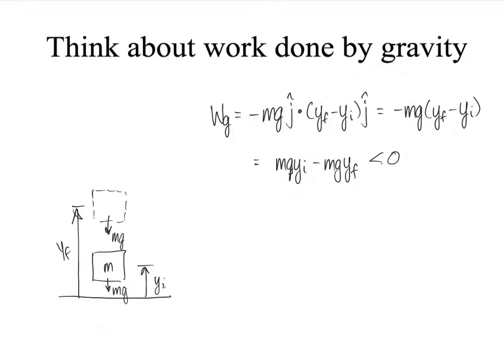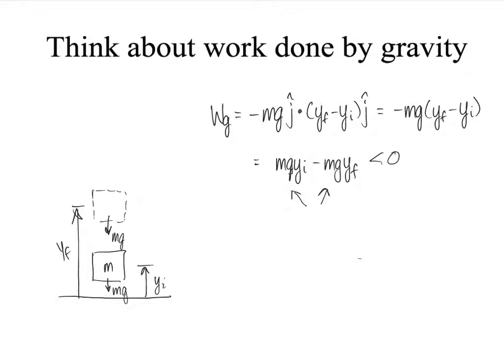But we want to think about what exactly is happening when this object is moving from a lower height to a higher height. We already know that the kinetic energy isn't changing, but is something else changing? And we notice that the work done is equal to a difference of terms that look exactly the same except that they have different y values.